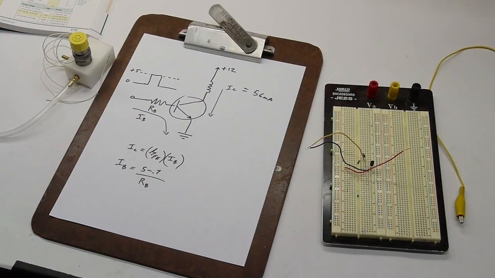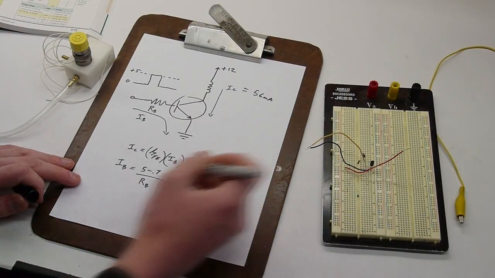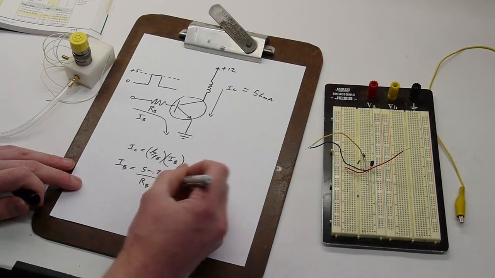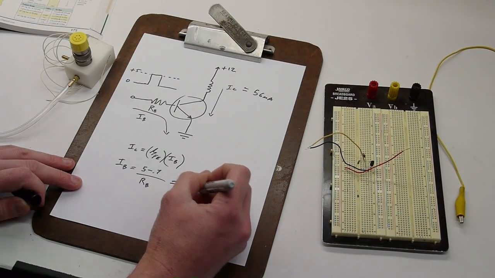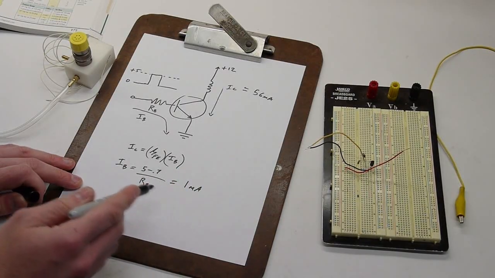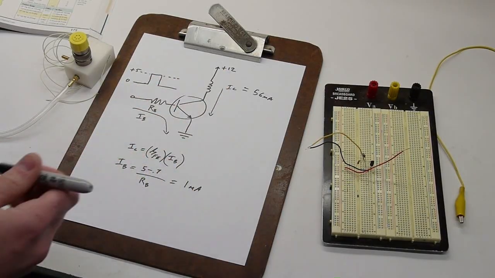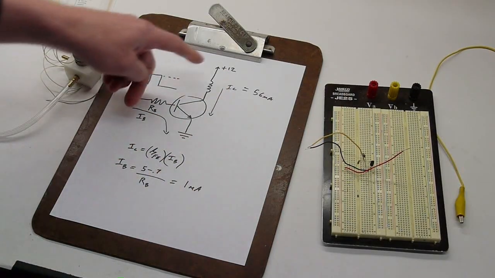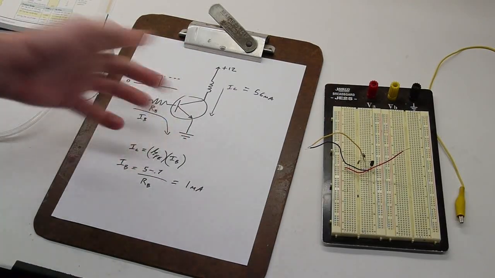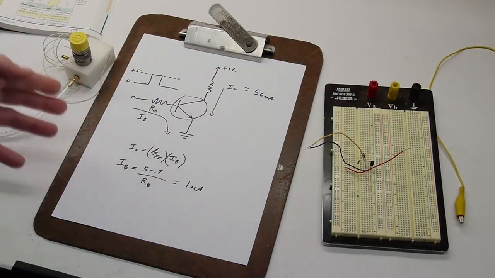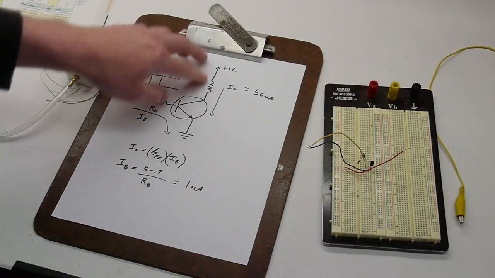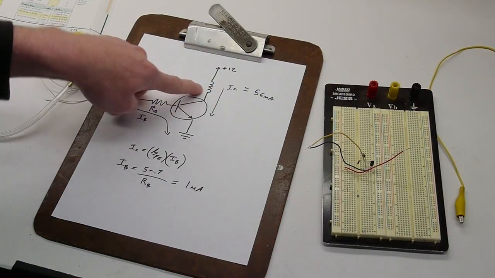So let's just say we want to shoot for a base current of 1 milliamp. So we use the multiplication factor of 100, and we get 100 milliamps through here. So you might be thinking, well, wait a minute, how do we get 100 milliamps flowing through this? The answer is that we actually don't get a full 100 milliamps because the current is limited by the solenoid itself.